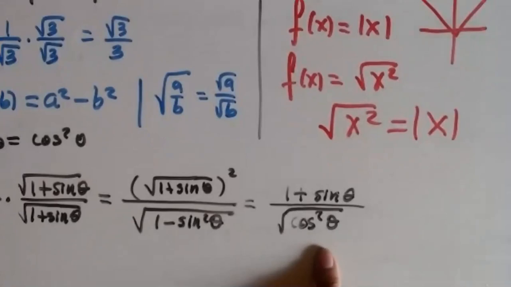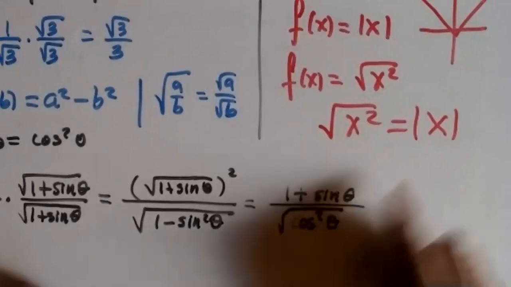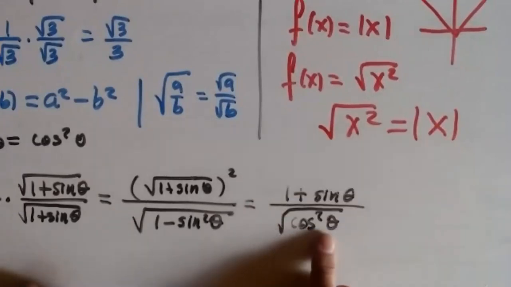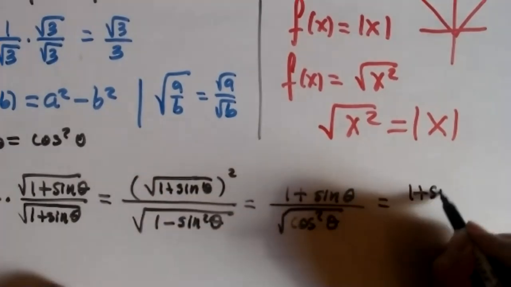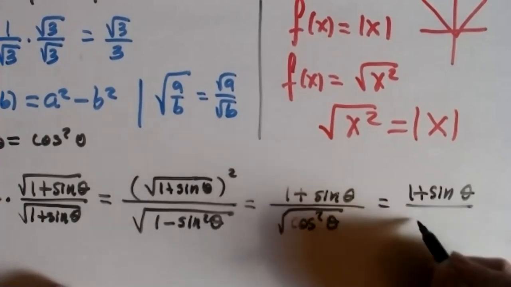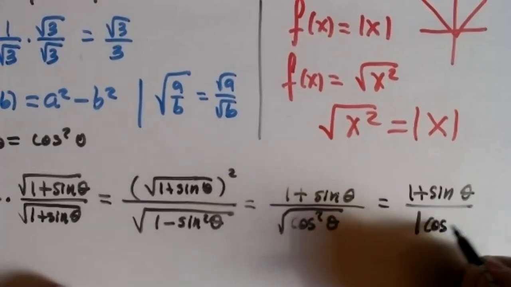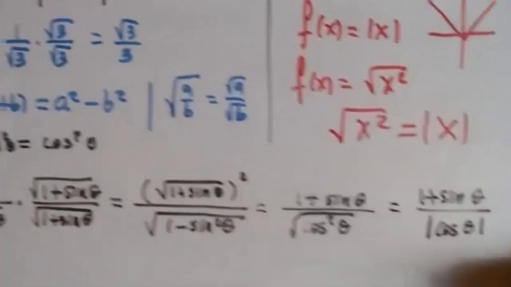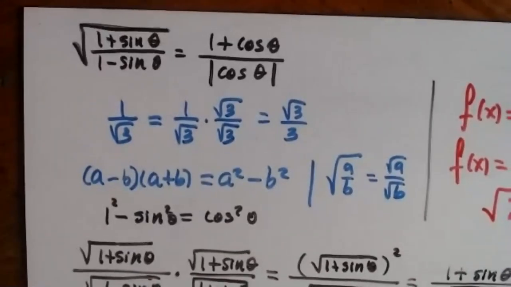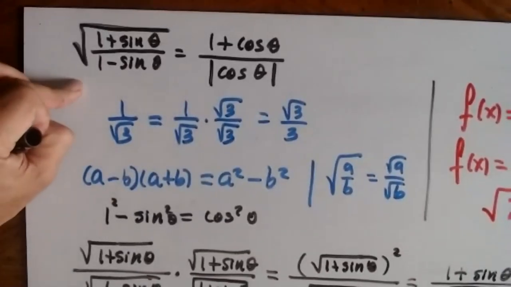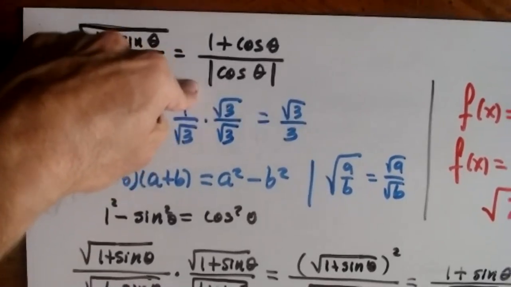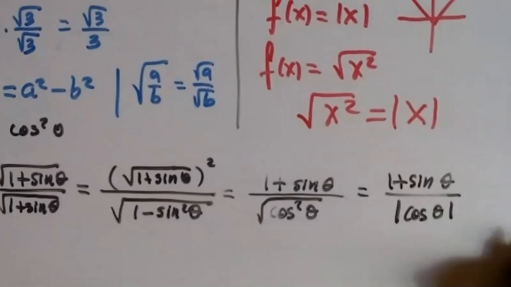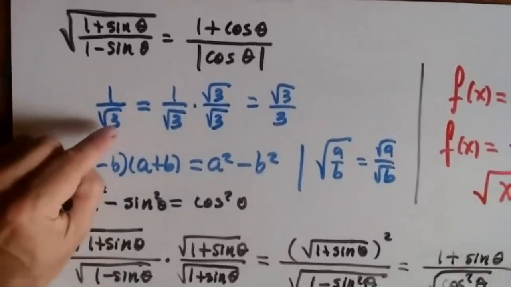So what is going to happen here? This is the square root of the square, so this is going to be 1 plus sine theta over the absolute value of cosine theta. And that is what you want to prove, that this radical with this quotient simplifies to this fraction. You see what I had to use?